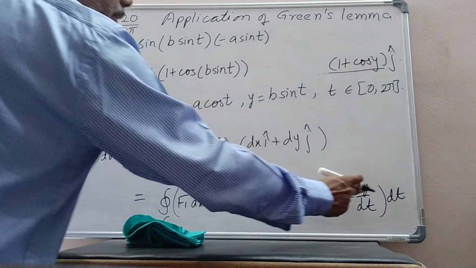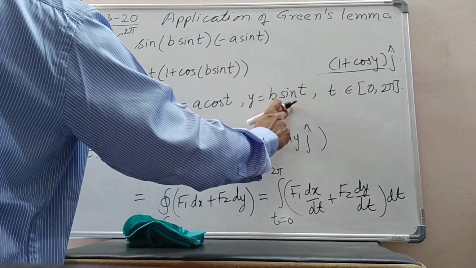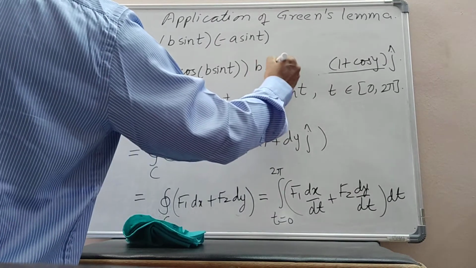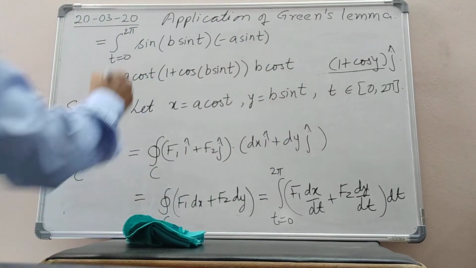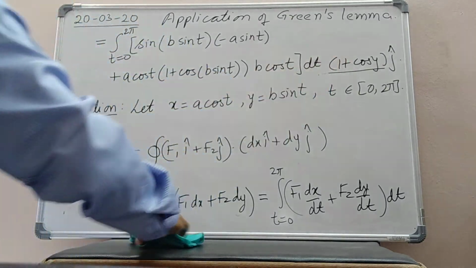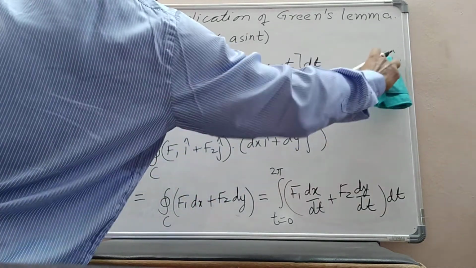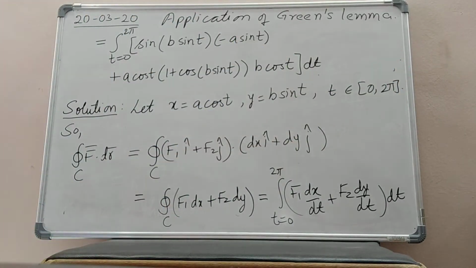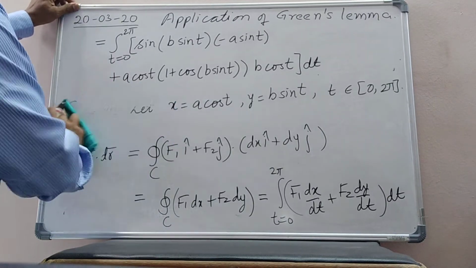That's f2, into dy/dt. What is dy/dt? b cos t. And one puts the dt over here. Okay, so let's proceed ahead and evaluate it.